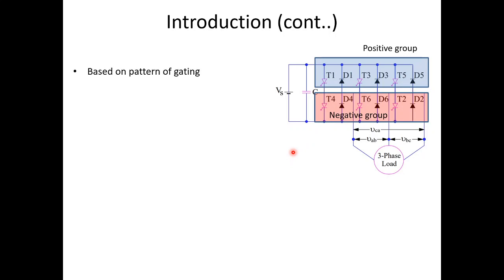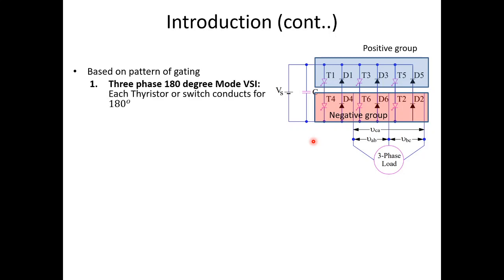Based on the gating pattern, you can operate this voltage source inverter in 2 modes, and the inverter is referred to by the mode in which it is operated. The first one is 180 degrees mode operation, the second one is 120 degrees mode operation.